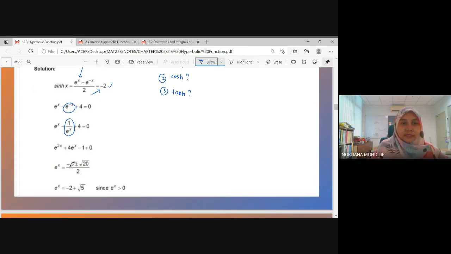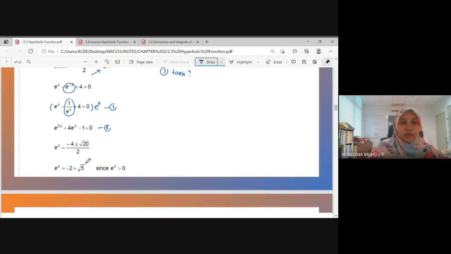Then we want to eliminate this exponent x over exponent x, so we multiply this equation with exponent x. We multiply equation 3 with exponent x, so we get equation 4, and we will get this.